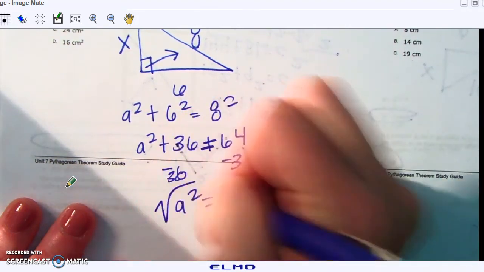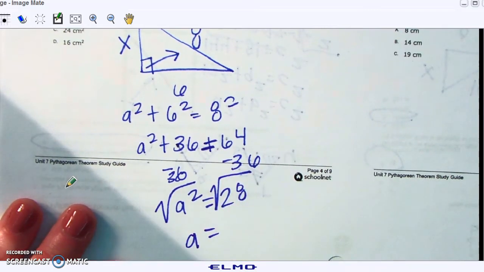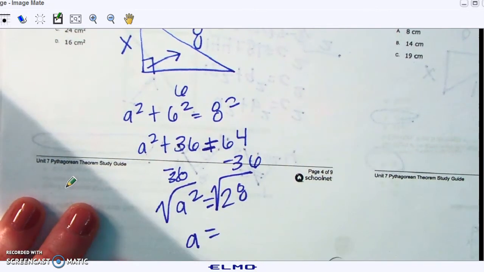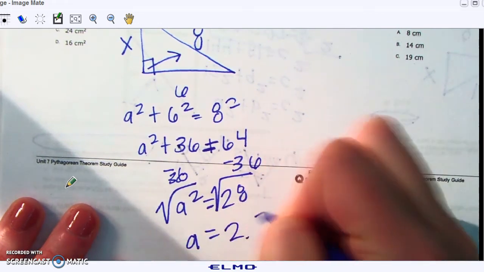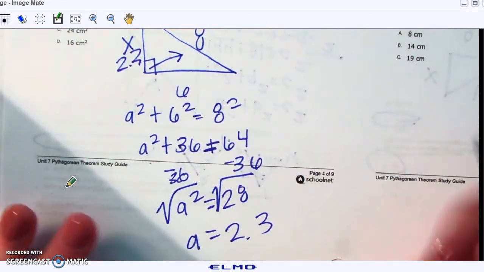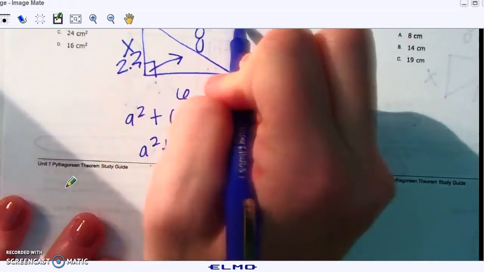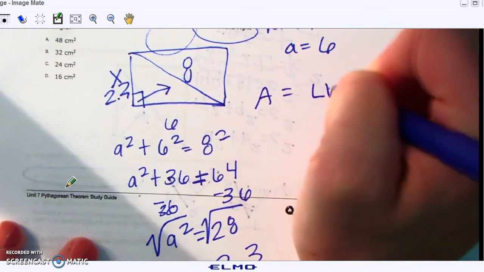When I take the square root, a is equal to, I'm going to round to the nearest tenth. So square root of 28 would be 2.3. So this is about 2.3. Now it says the area of the triangle. Remember, a triangle is half of a rectangle, right? A rectangle's area is length times width.